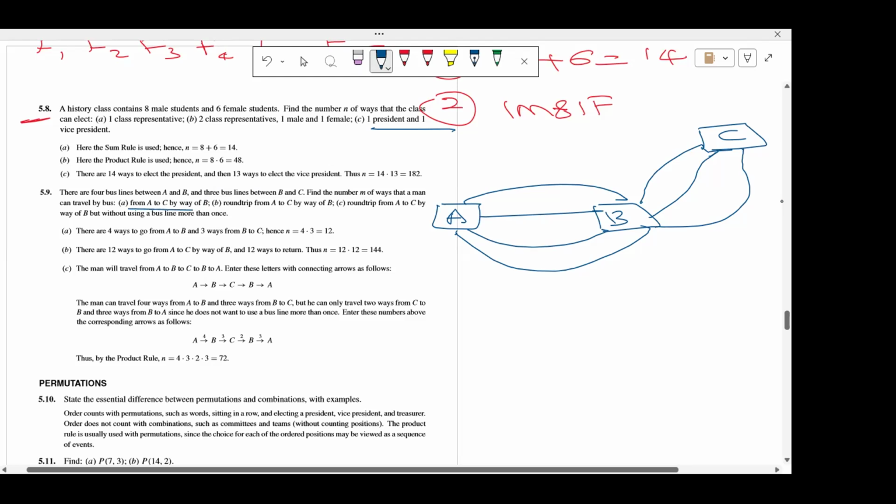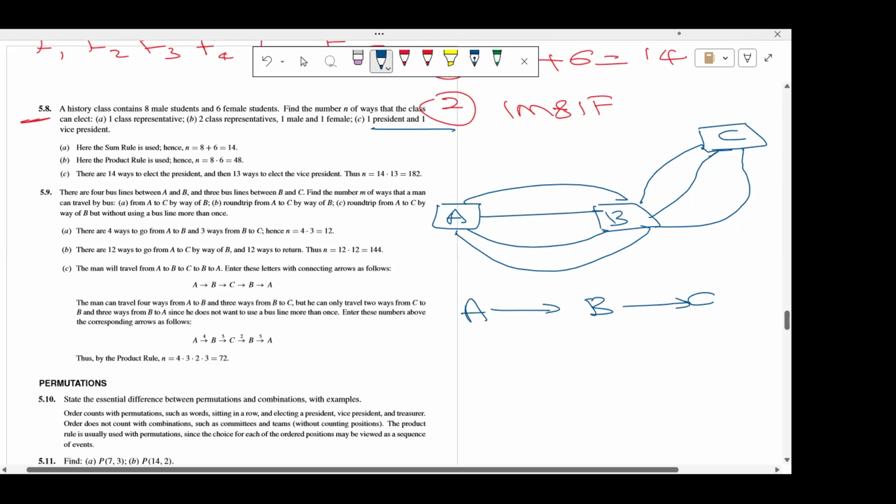from A to C by way of B, right? What they are telling here, the first question, one guy needs to travel from Ampara to Colombo, right? One guy needs to travel from A to C by utilizing B. So it means one guy moves from Ampara to Colombo through Batticaloa, right?